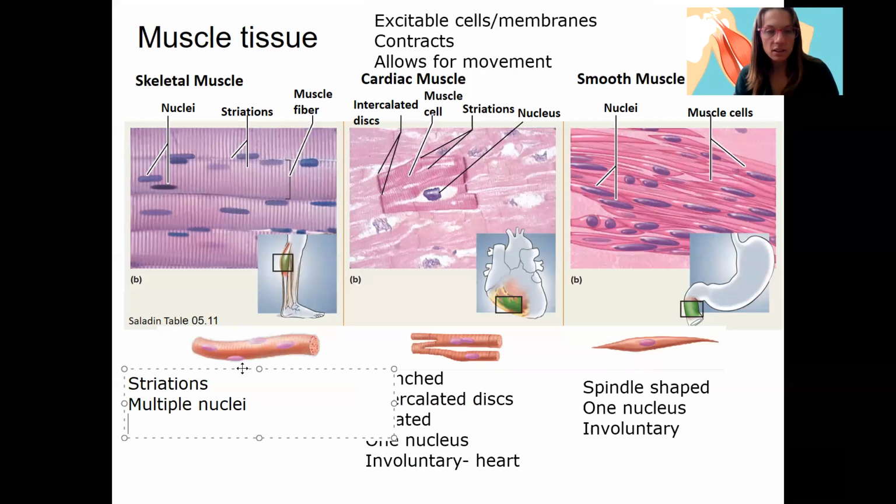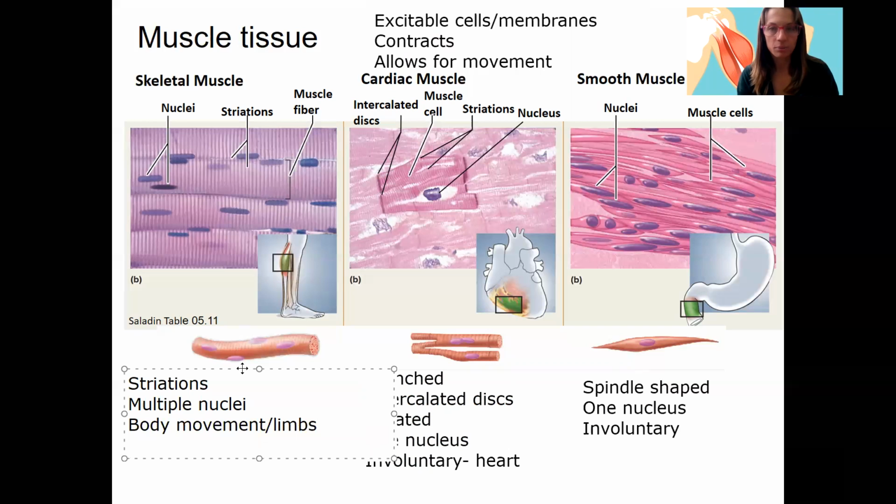So these are involved in body movement, movement of your body and your limbs. Also posture, stabilizing joints, producing heat, right, as you shiver.